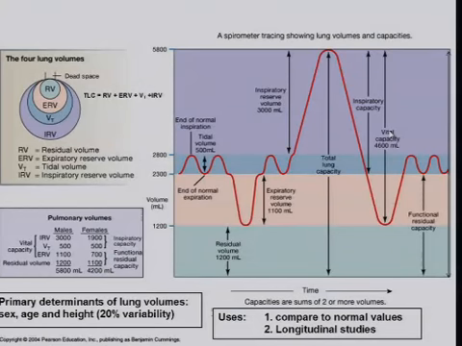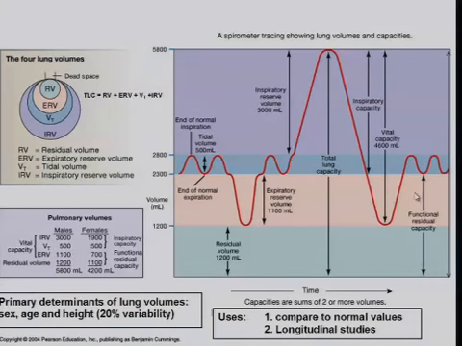Vital capacity refers to the amount of gas that you can move within your lungs, so that's everything but the residual volume, because I said you can't move that. And then the last one, functional residual capacity. This is a very important one that's used diagnostically to try to study different disease aspects.